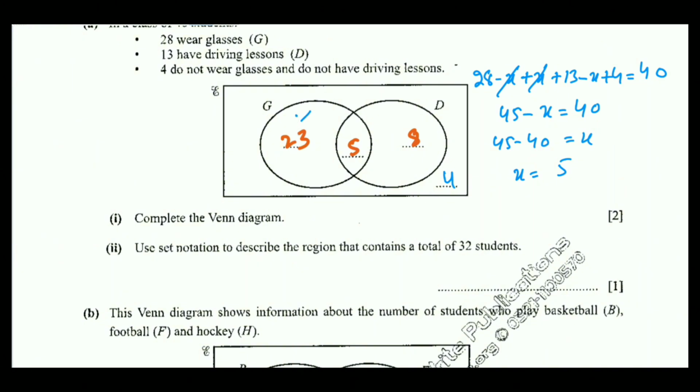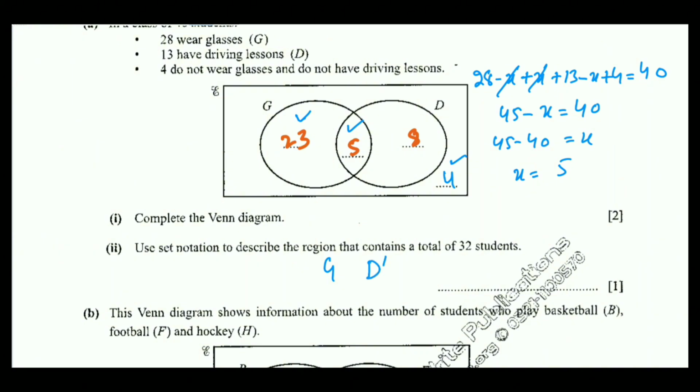23, 5 and 4 is 32. The whole G part is included. It means that you will write here G, but not D. Again, D's part is not included. So we have to write G, but not D. Not D means D complement.